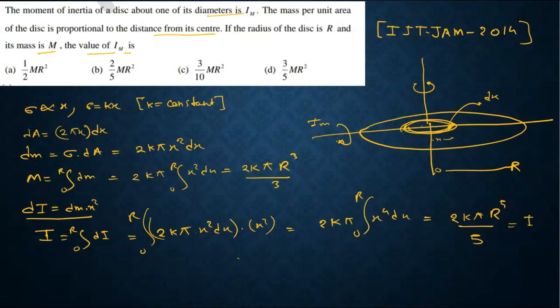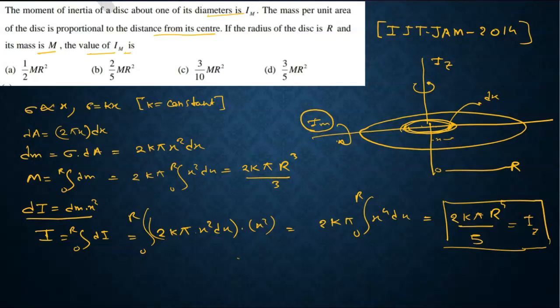So that is the value of I, but you can check from the options that the moment of inertia is in terms of m. More precisely, this I is actually Iz, perpendicular to the plane, but we are asked to find Im. So from the perpendicular axis theorem, we will find Im from Iz.